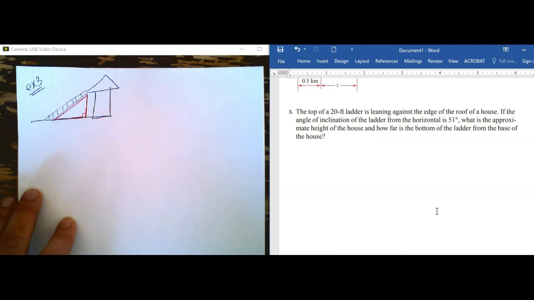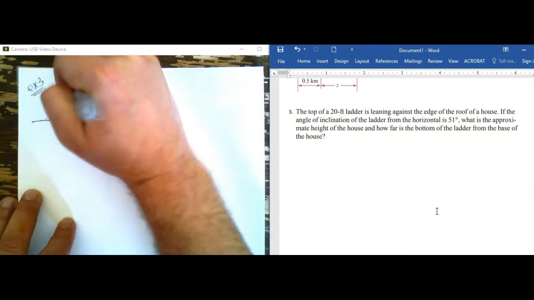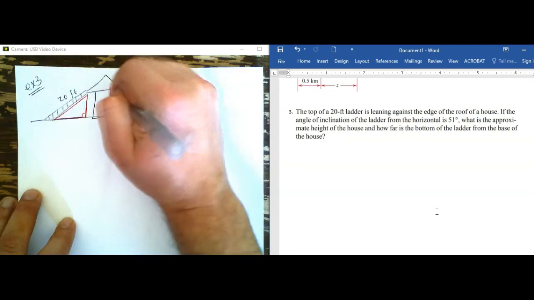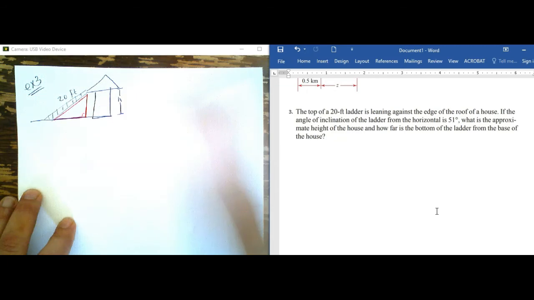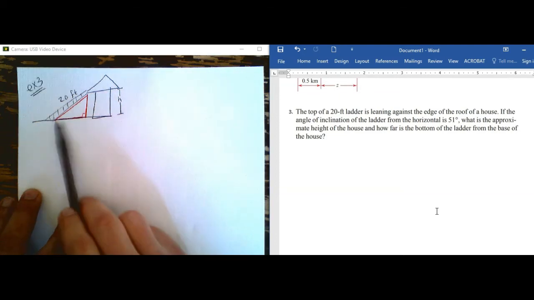So let's fill in what we know. We know the ladder is 20 foot long. We're trying to figure out what the height of this house is. And we know that the angle of inclination of the ladder from the horizontal is 51 degrees. So recall the angle of elevation, or the angle of inclination, is the angle from the horizontal upward.